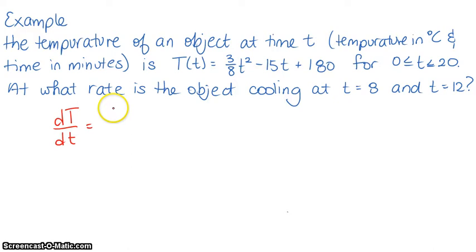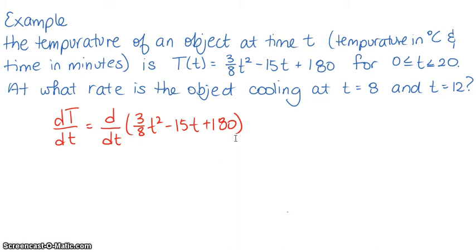Another way of saying this again is that we're taking the derivative with respect to time for this actual function, which is defined to be this polynomial, which again is a quadratic, so we're looking at how it changes for when time is equal to 8 and when time is equal to 12. We're looking for the points of tangency. So we know how to take the derivative of this with our power rule.